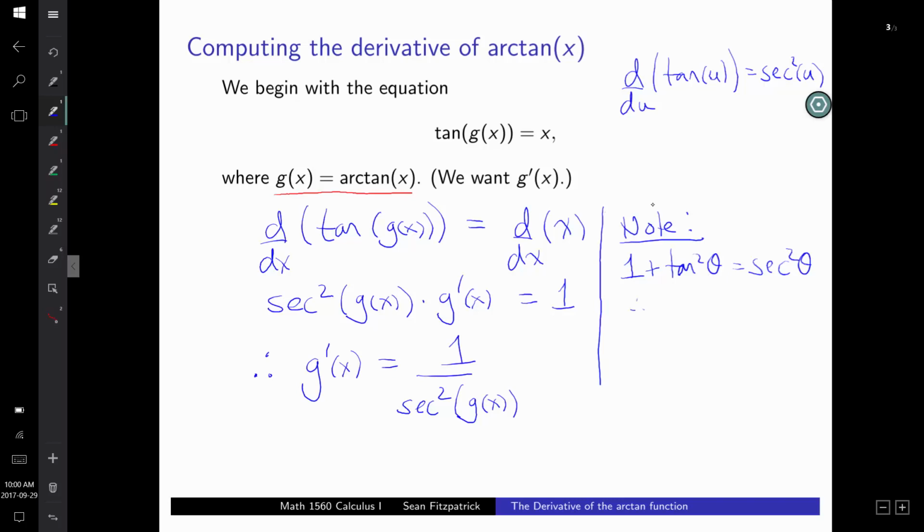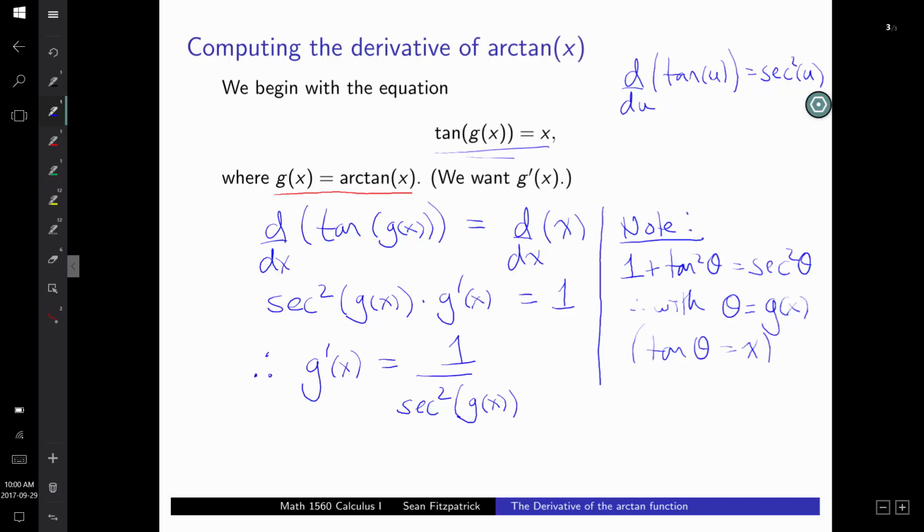So if theta is equal to g of x, what do we know about tan theta, tan of g of x? It's sitting right here. It's x.